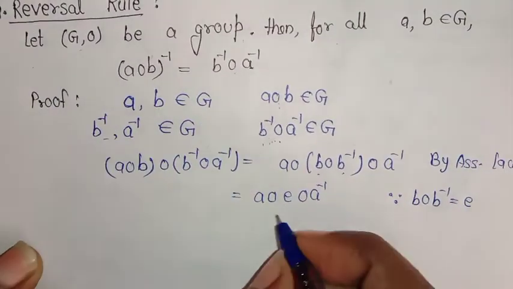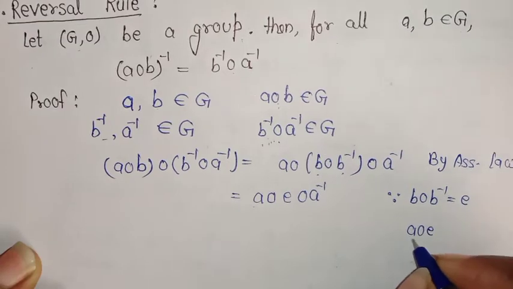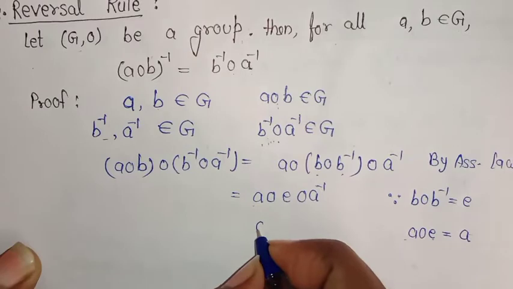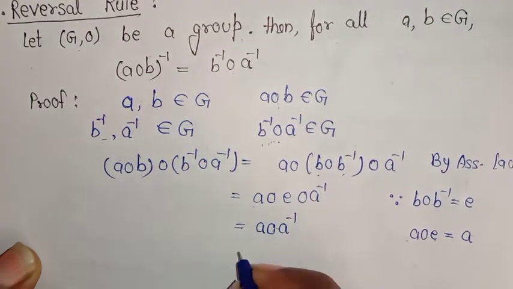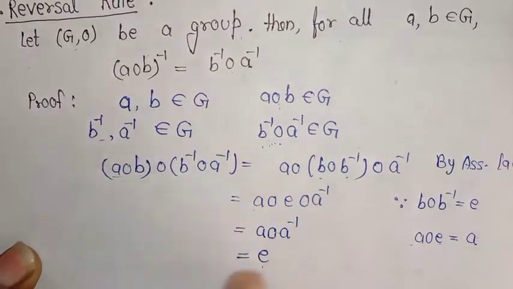If we apply any element with the identity, we get the same element. So this becomes a only, and a ∘ a⁻¹ again becomes the identity. So we get this value as the identity.